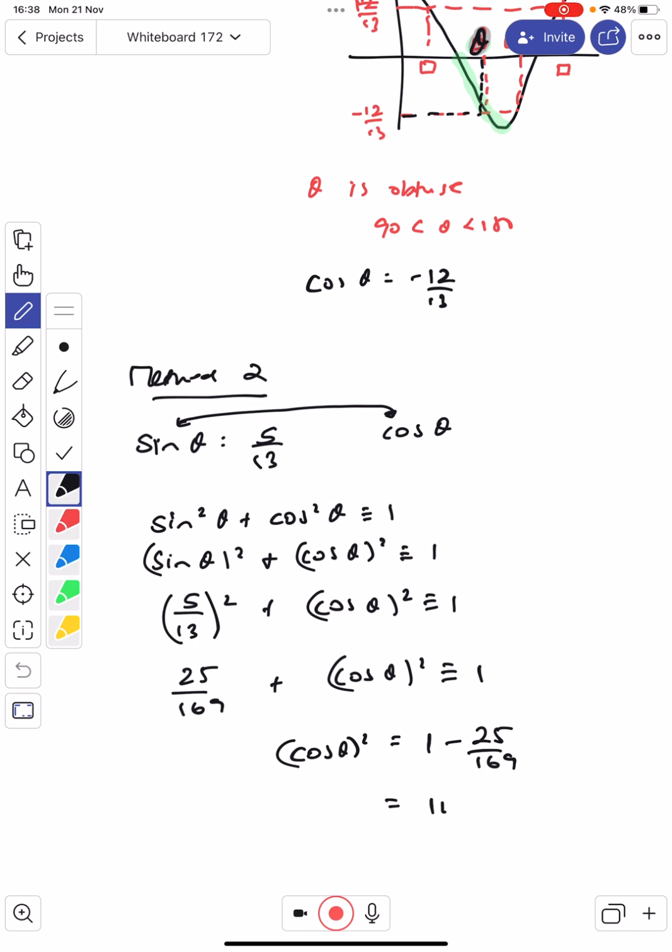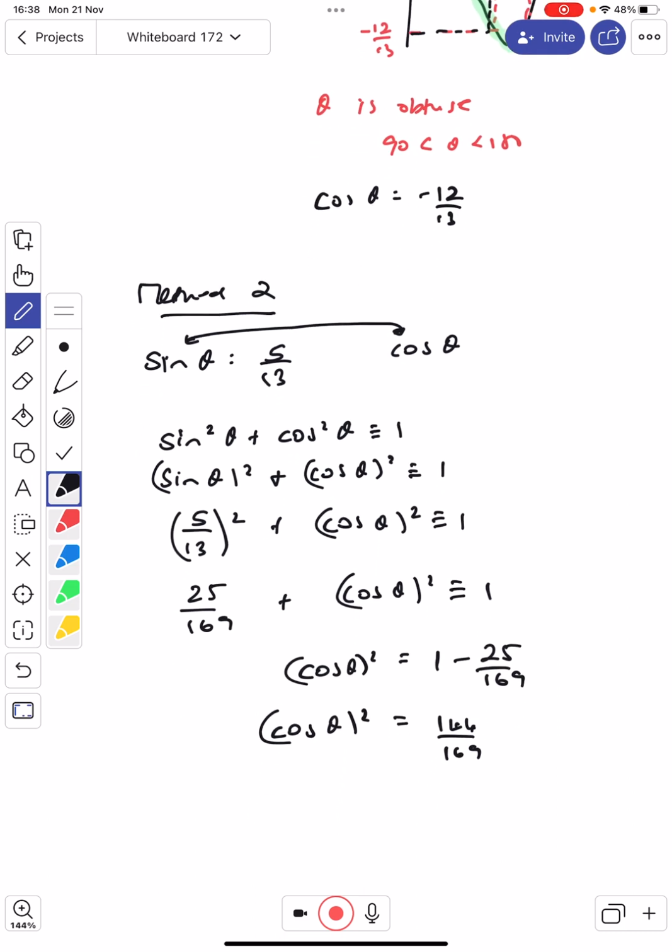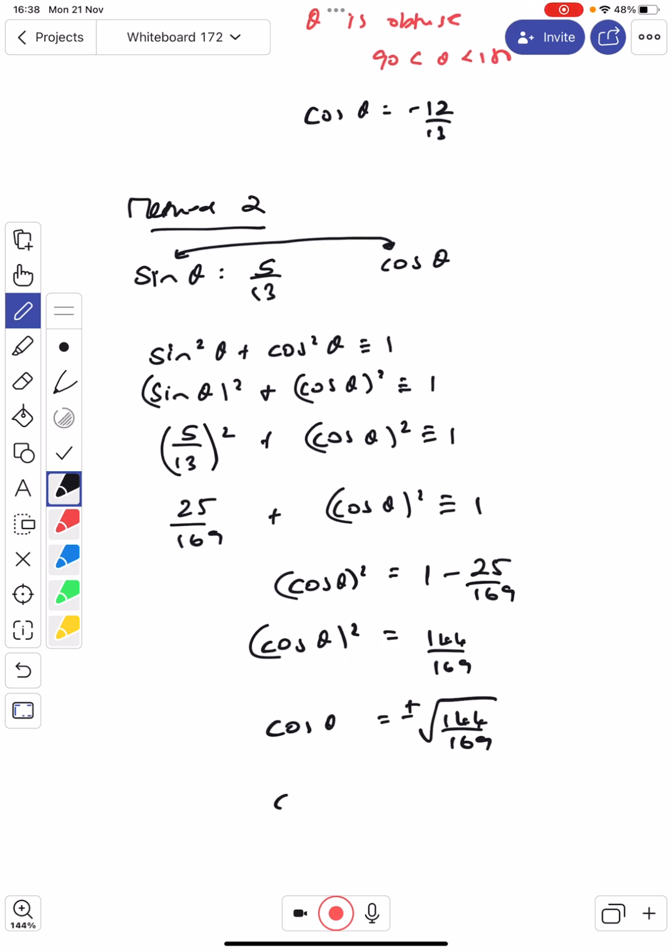So that's 144 over 169. So cos theta all squared is that. Now cos theta then is equal to the square root of 144 over 169. And at this point, we put plus or minus, because it's a square root, so cos theta is equal to plus or minus 12 over 13.